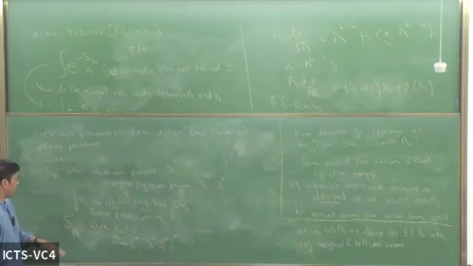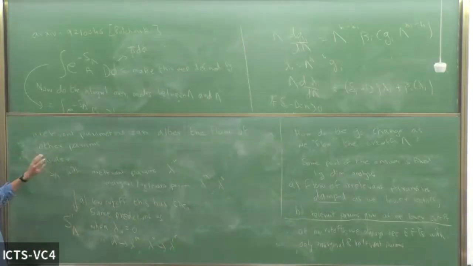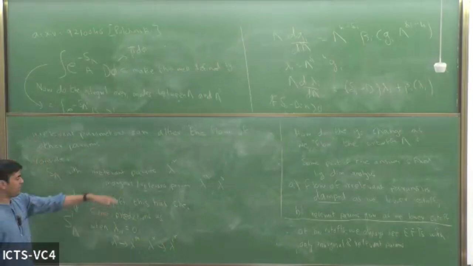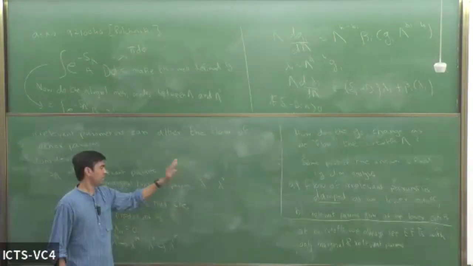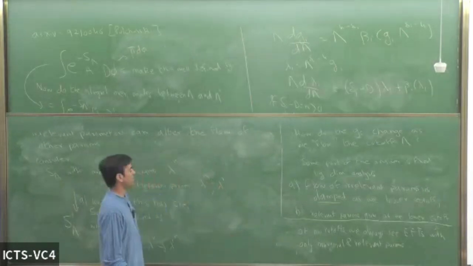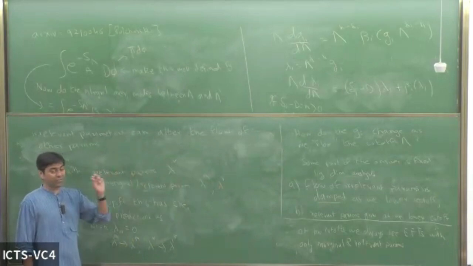So, let me just say this in words. I don't know if my notation was great. Let's say you think of some theory at a cutoff which is very high, and it has some irrelevant parameters lambda IR, and some marginal and relevant parameters lambda M and lambda R. Then you might have thought that if you lower the cutoff, or if you ask low energy questions, these irrelevant parameters never matter. But that is not correct.